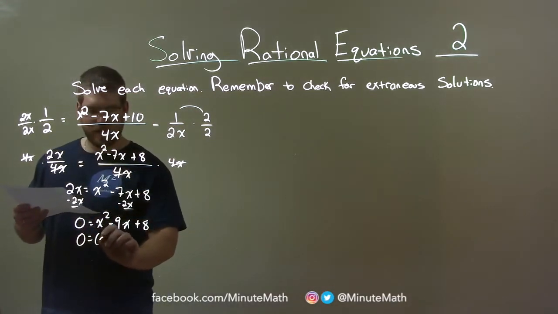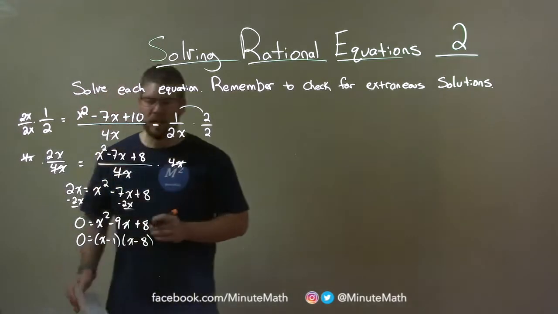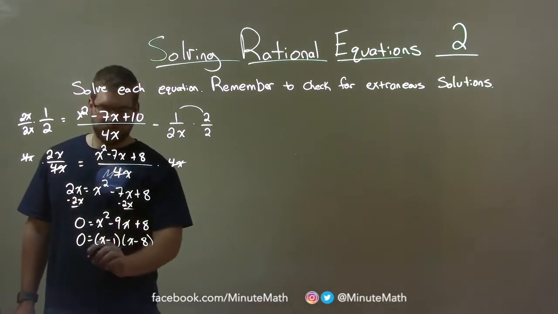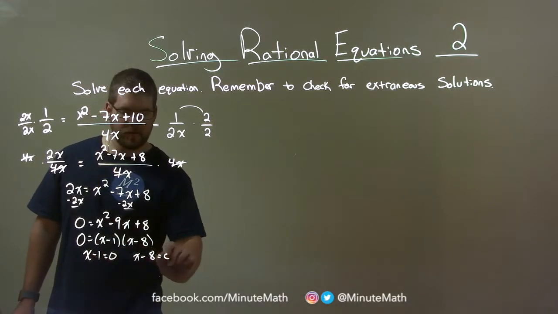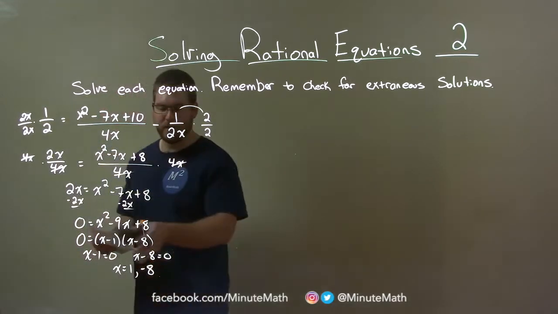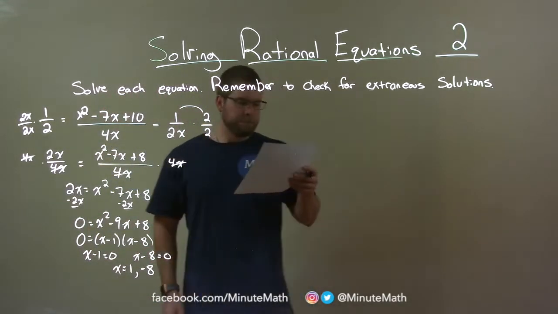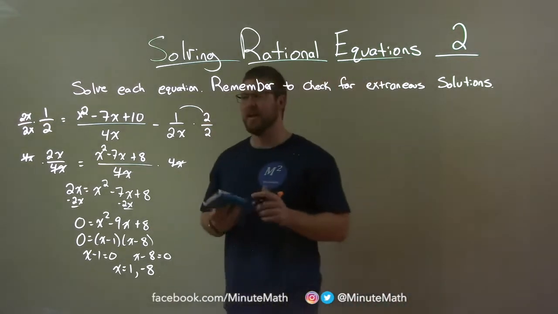So x minus 1 and x minus 8 here. Set each one individually equal to 0. x minus 1 equals 0, x minus 8 equals 0. And so x equals a positive 1 and a positive 8, respectively. So let's go check to see if we have an extraneous solution like they asked us to.